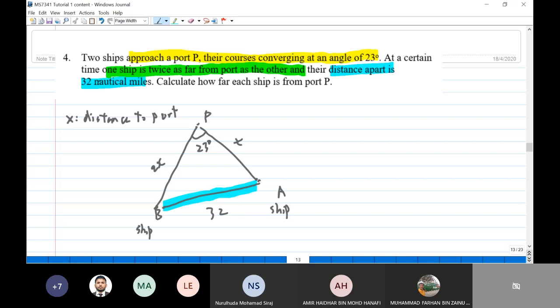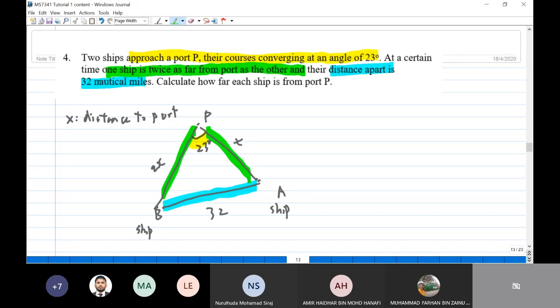So this is our information. Okay, two ships converging is the 23. So if I use color, you can see that this is the color for yellow. And then this is the color for green. Okay, this is how you draw a triangle. So you know where this information comes from.